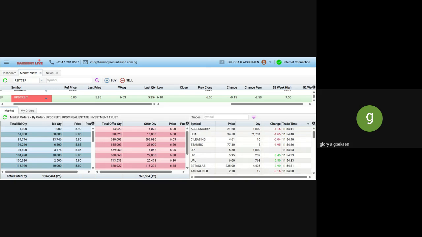And we know all these things by being regular in the market and observing the price behavior of each stock. Then we study the charts of each stock. From there we can know the price behavior of each stock.